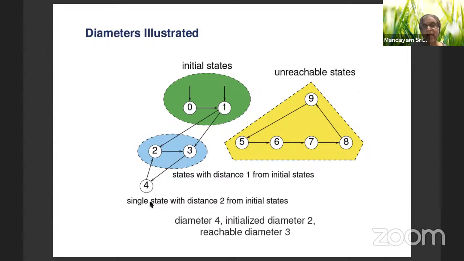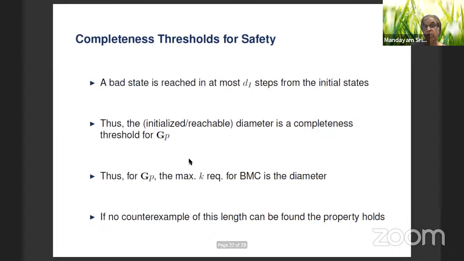In the worst case, that will be the bound. Okay, so the diameter for the entire transition system can serve as a completeness threshold. There might be other counterexamples that are shorter than that, but this is certainly a bound for the entire transition system. So for just G P, it's the max K.